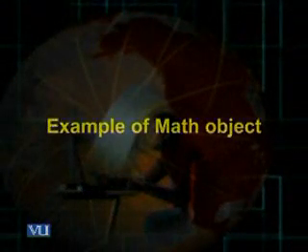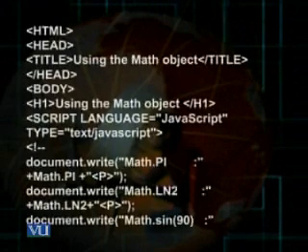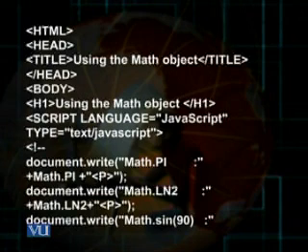There is a code before you in which I have used some properties of math object and some of its functions. You can see I start with the HTML tag, then there is the head tag, and I've given a title tag, and then there is the body tag, and I write a heading h1 using the math object.